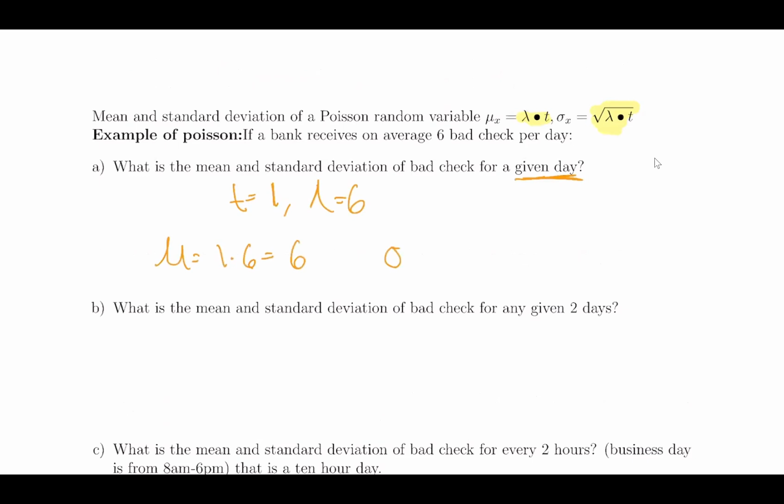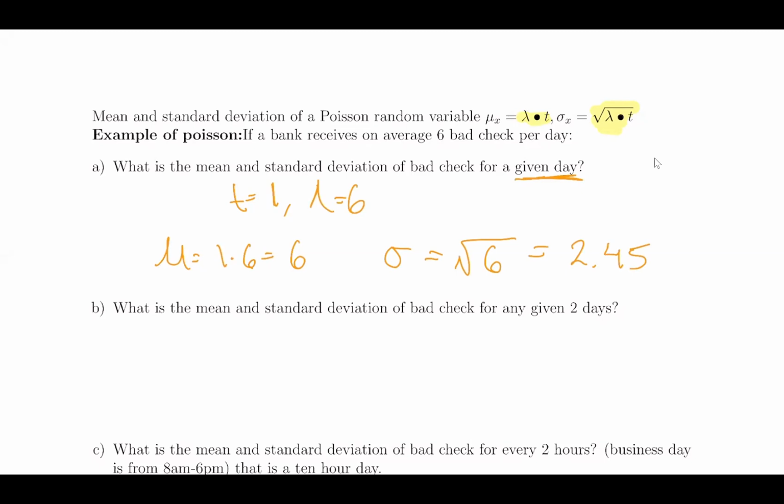So we're going to do standard deviation of square root of 6. The square root of 6, you get 2.45. And that's it for A.